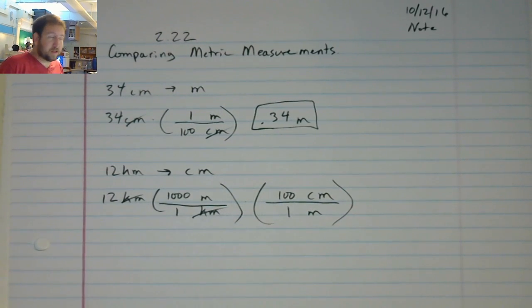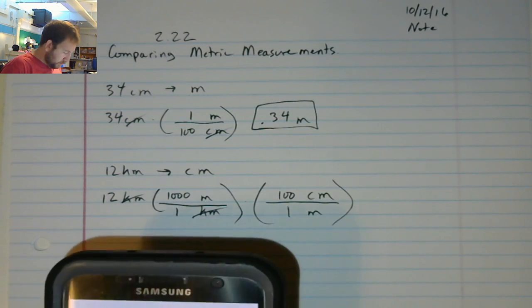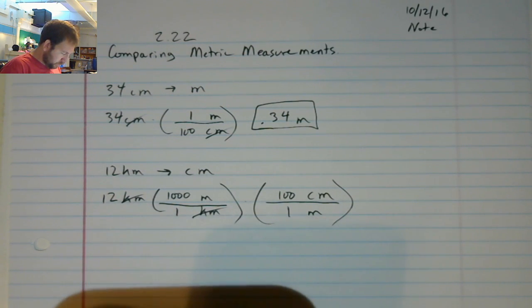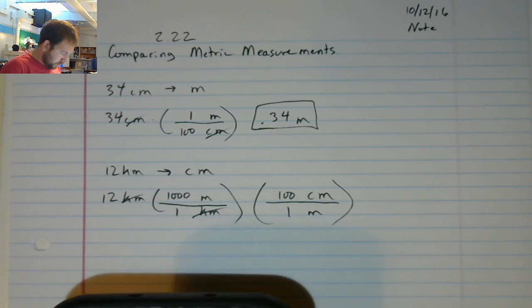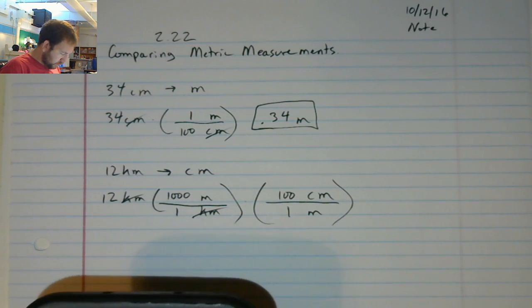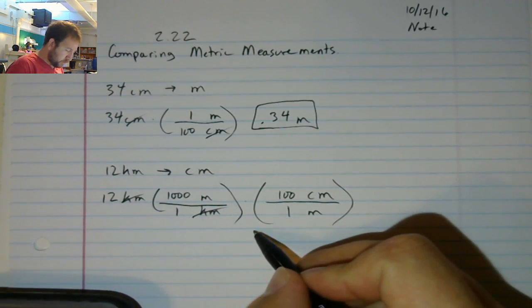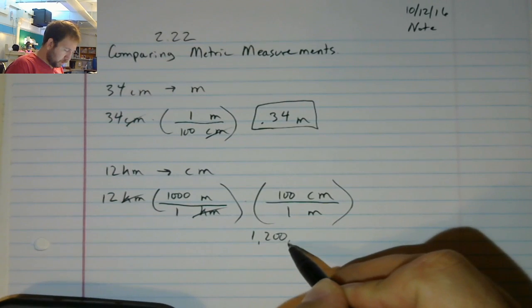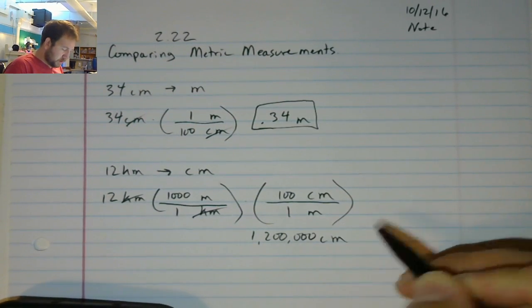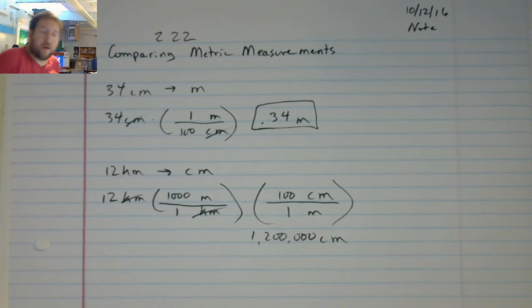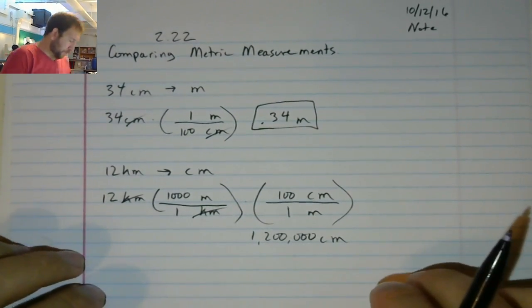Sometimes I multiply twice, sometimes I divide once, then I multiply, sometimes I multiply, then I divide. It all depends. I'm just going to grab my calculator app really quick. And let's do 12 times 1,000 times 100 is 1,200,000 centimeters. So, in short, quite a bit of centimeters. It'll take me a while to count that.